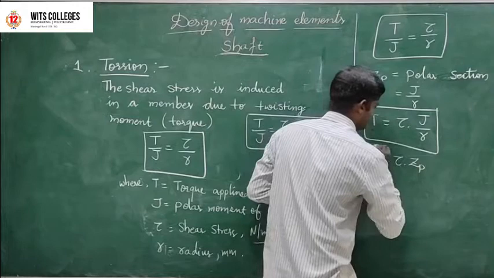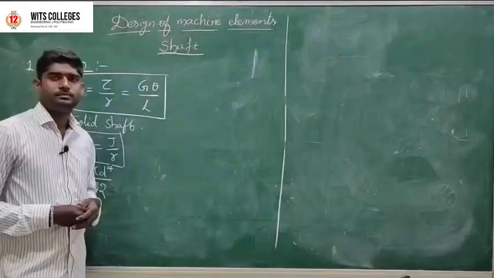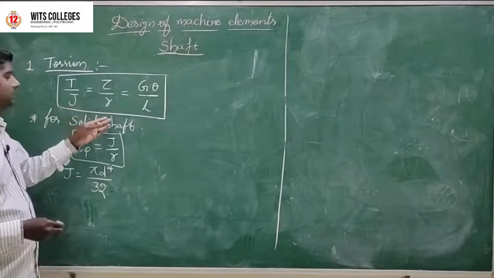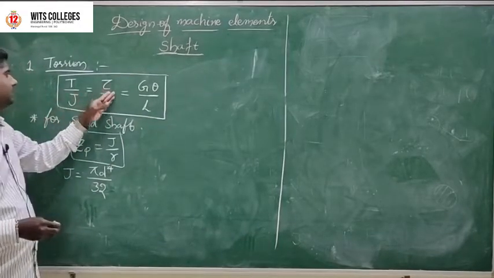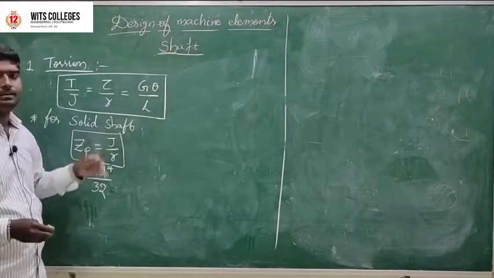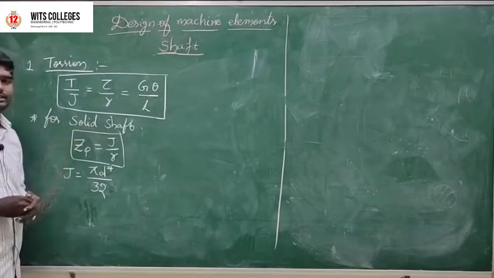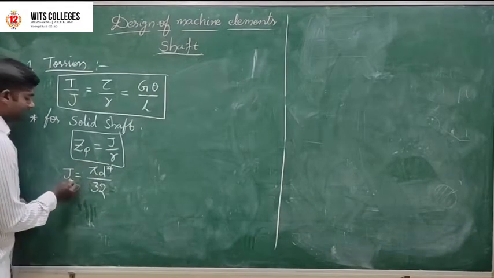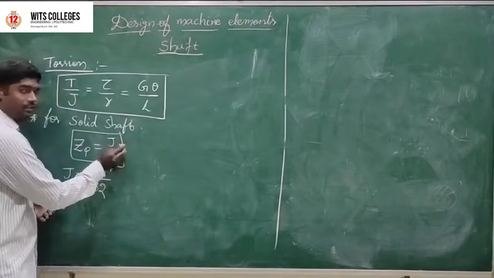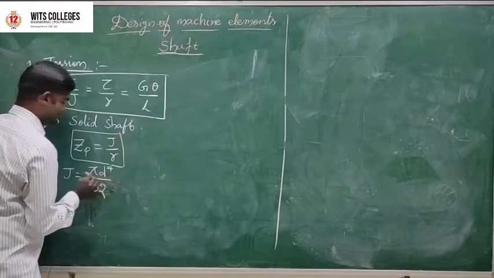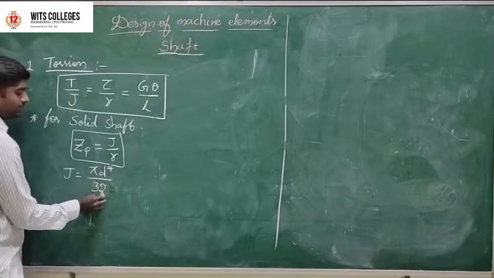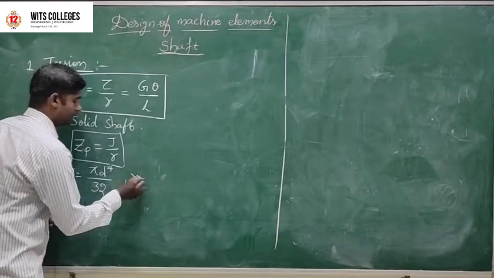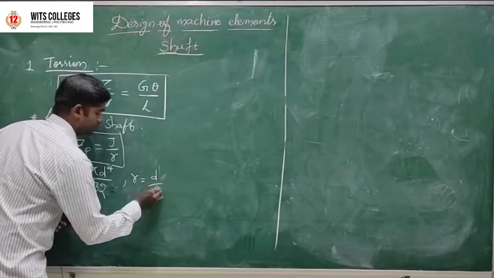For a solid shaft, ZP is equal to J by R, as we already know. J is equal to pi d power of 4 by 32, and R is equal to D by 2.